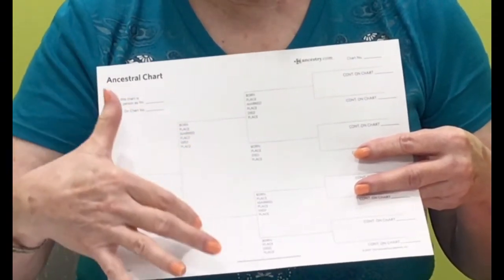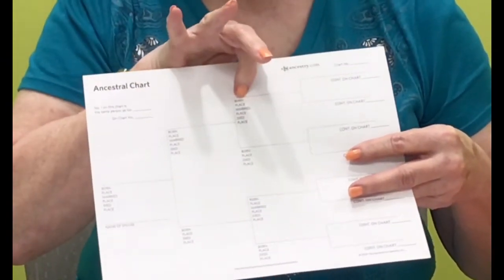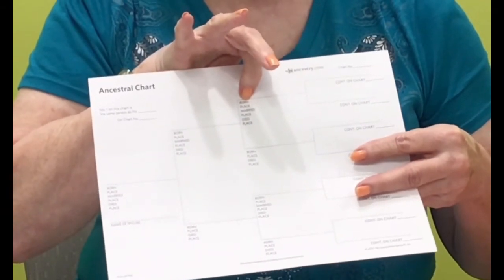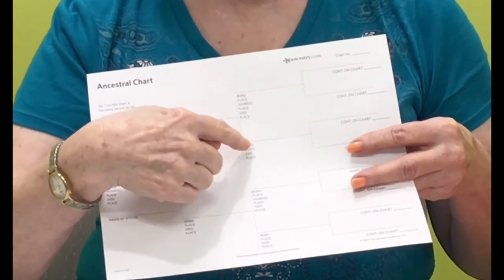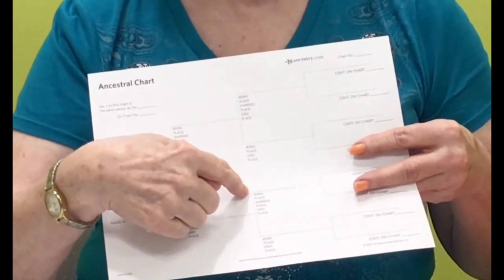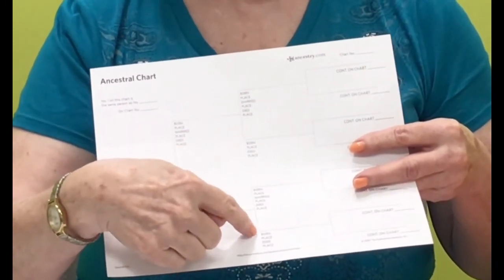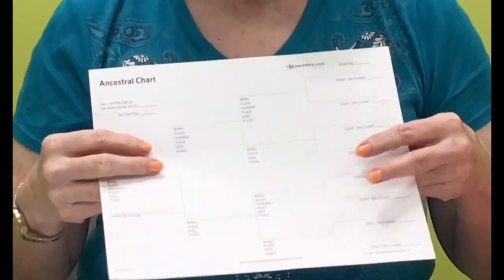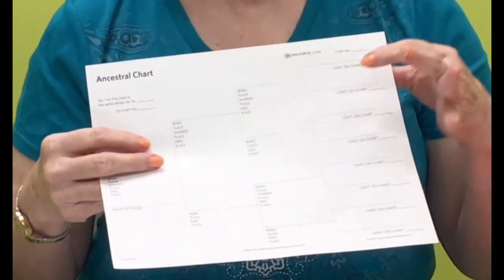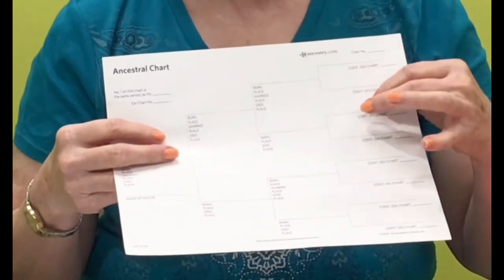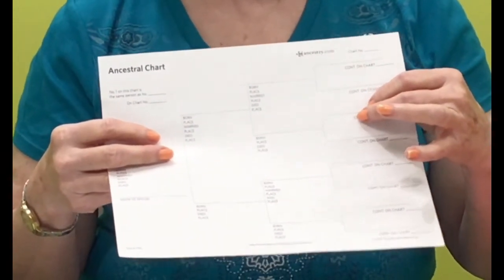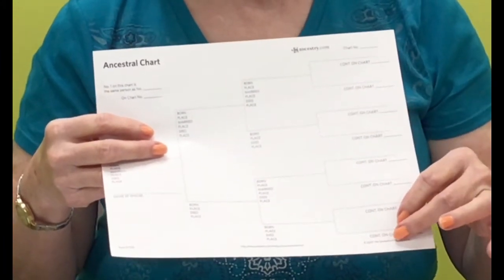You come up here to 4, which will be your father's father and his mother. And then your mother's father and her mother. Then you have places out here where you can record the names of their parents, which would be your great-grandparents.